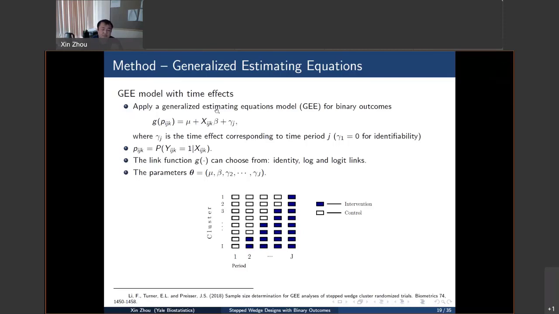This slide shows the mean model using similar notation. There's no random effect in the model compared with the generalized linear mixed model. And Pijk is now not conditional on the random effect, since there's no random effect in the GEE model. The link function G can be identity, log, and logit.